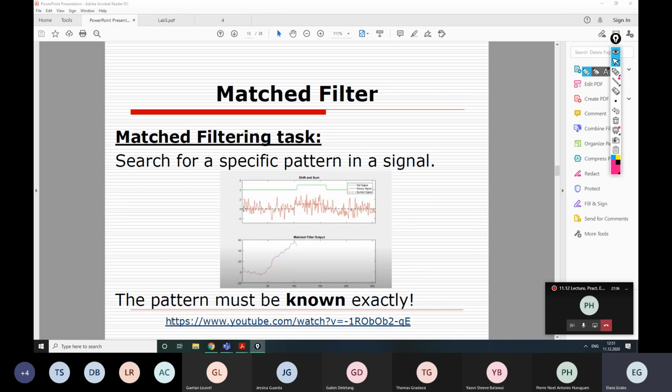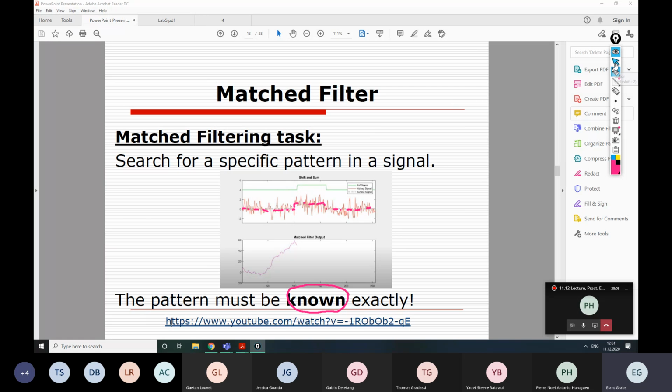As you can see in this picture, we have some noisy signal and a hidden pattern in that signal which we need to find. Where exactly is that located? Of course, in order for this to work, we need to know that pattern. Well, in our case, it's okay because we know the carrier signal and we used them in the correlation receiver. So just like that, we can use them here as well.